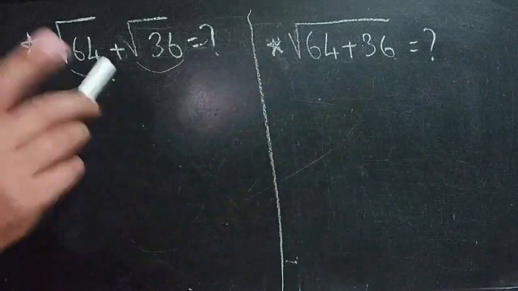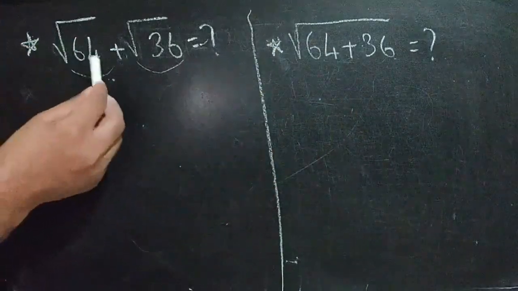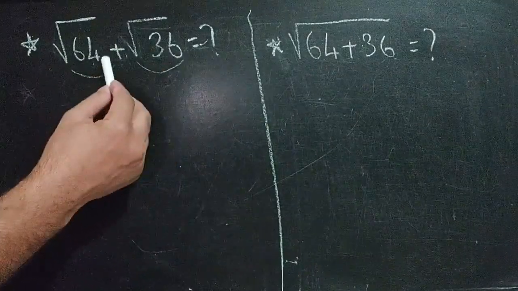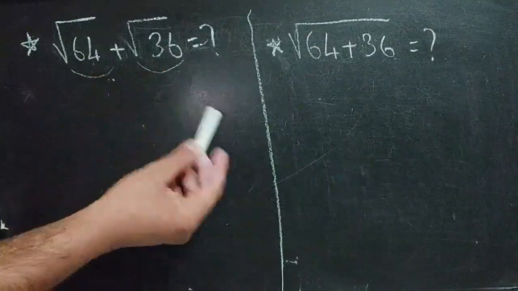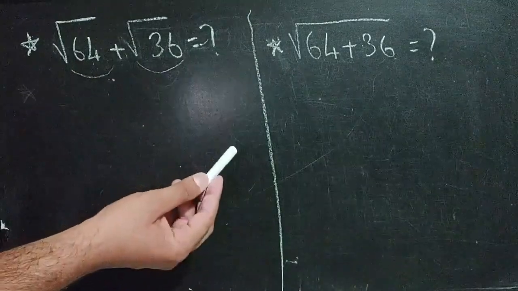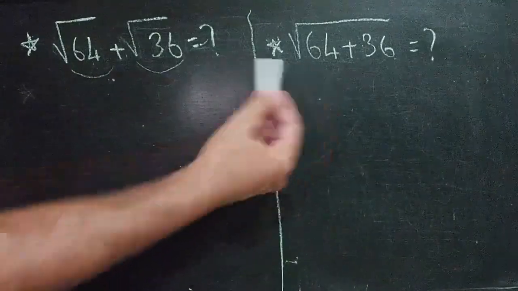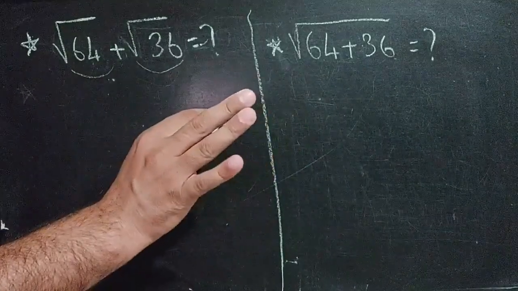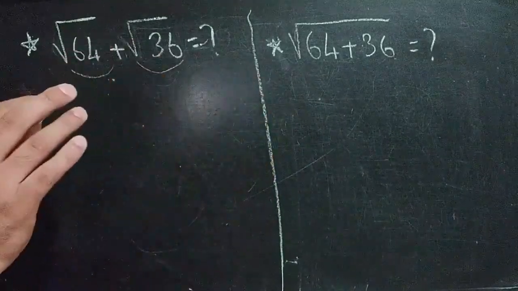See, the common mistake is that students are adding those numbers to each other for this one, and then they say square root 100, which is 10. That's a common mistake. And they do this one the same. So one of them is correct, but one of them is not correct.